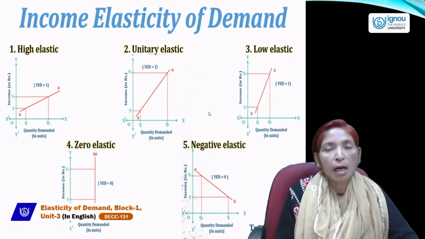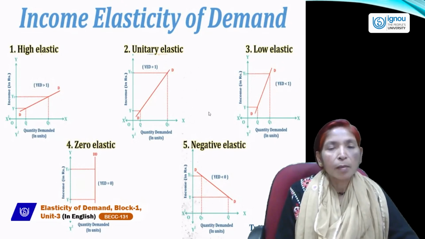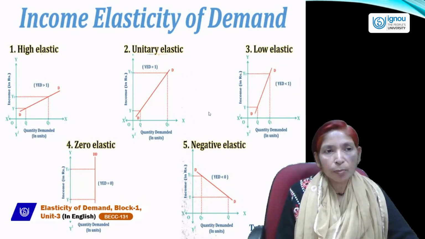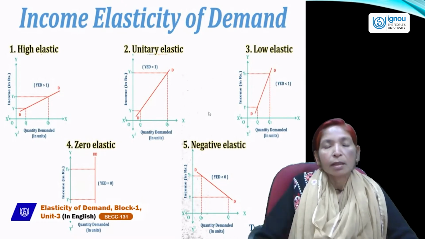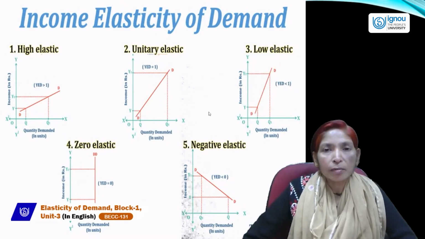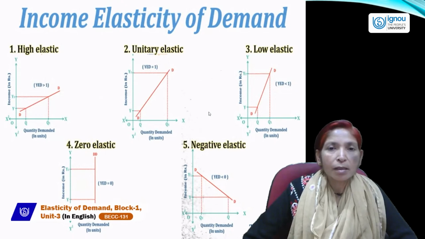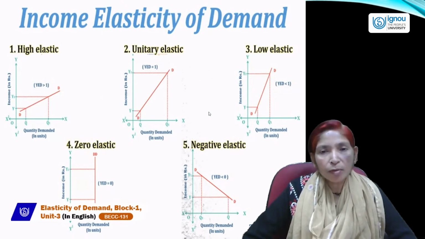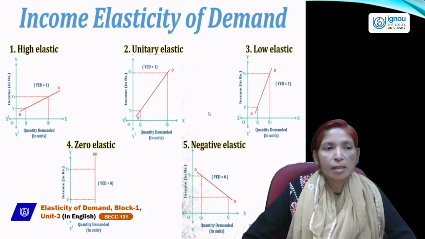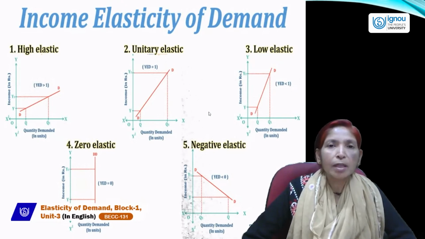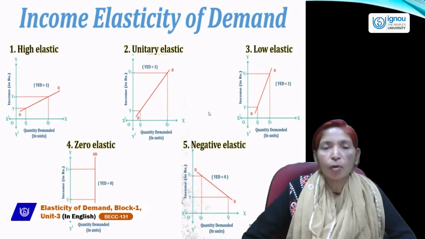If demand is highly elastic due to a change in income of the consumer, then the demand curve will be upward sloping. Generally, the demand curve slopes downward, but if demand increases more than the change in income of the consumer, in this case demand will be called highly elastic and the curve will be upward sloping and more flatter.